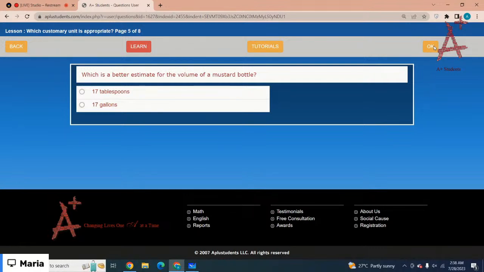The better estimate for the volume of a mustard bottle would be 17 tablespoons. That is just a bottle, so 17 gallons is much more, right? That would be 17 tablespoons.